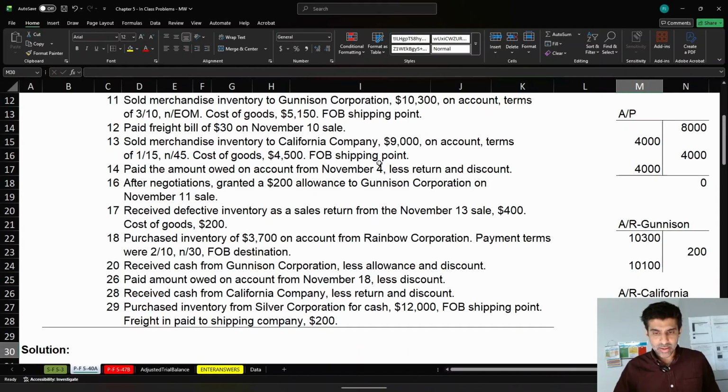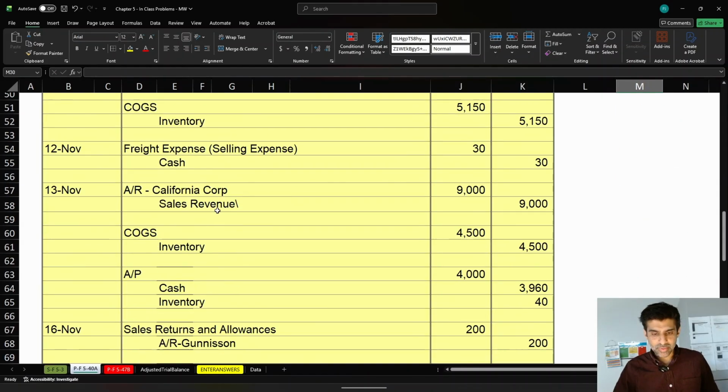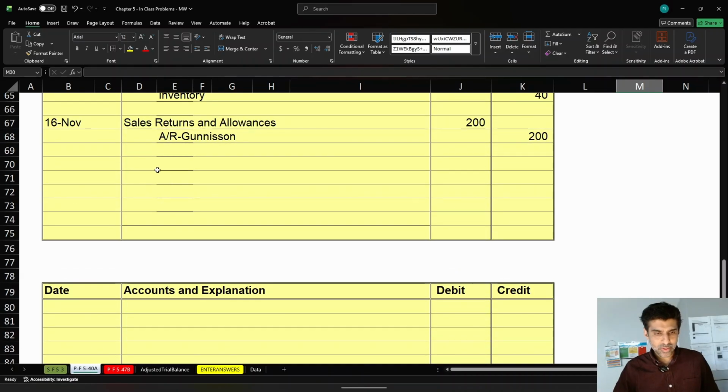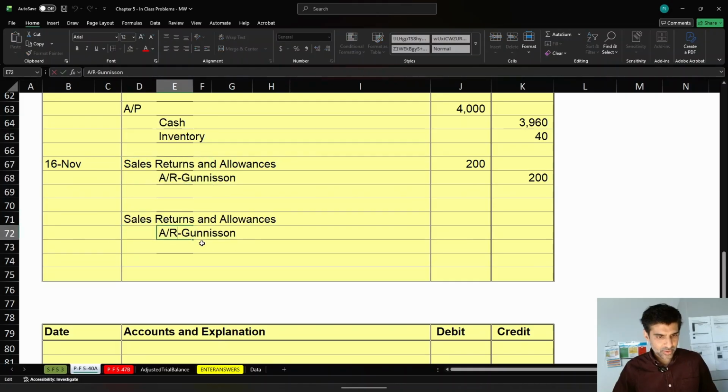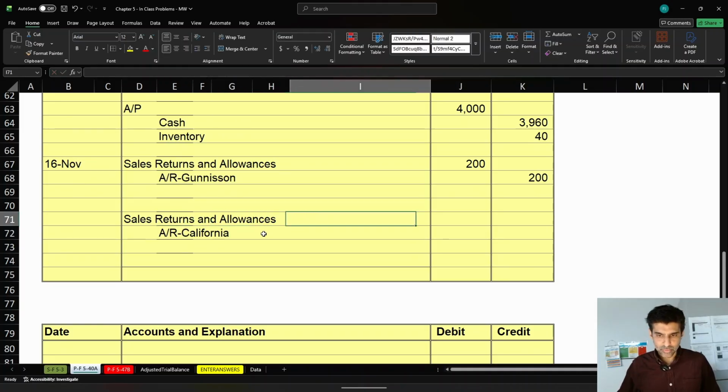And then it's going to be the same kind of transaction as we had here, at least this first half. It's going to be AR California instead. So 400, 400.